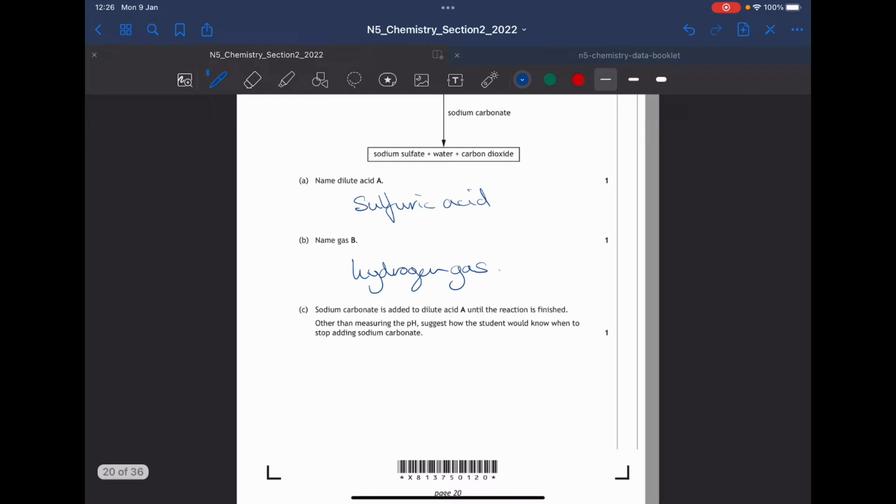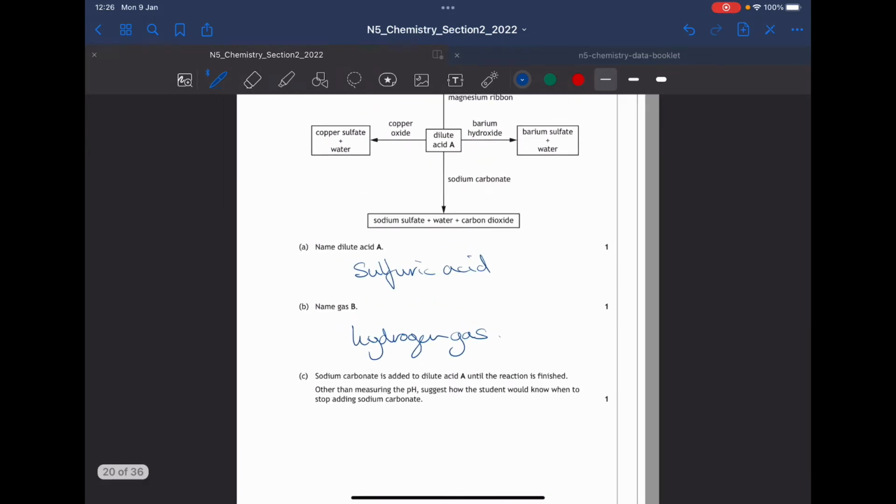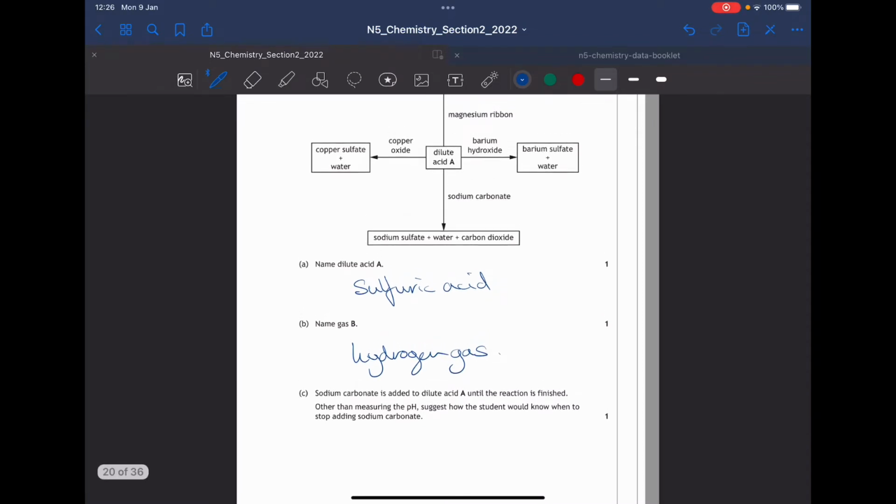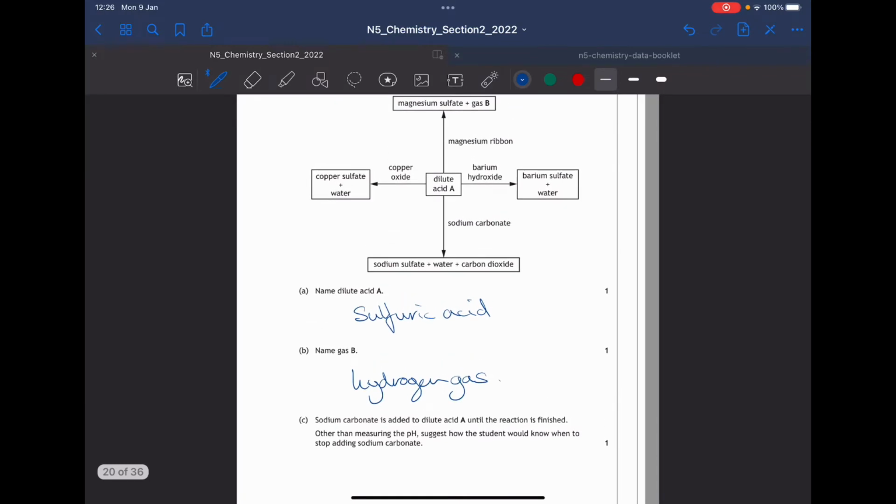And then C, sodium carbonate is added to dilute acid A until the reaction is finished. Other than measuring the pH, suggest how the student would know when to stop adding sodium carbonate. So when you're reacting the acid with the sodium carbonate, you're making carbon dioxide.